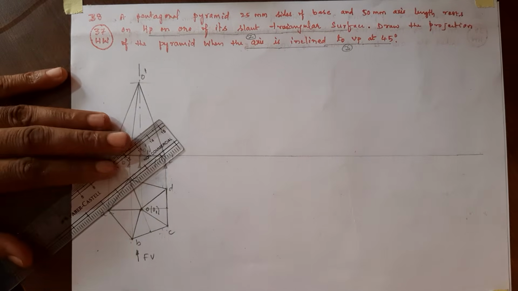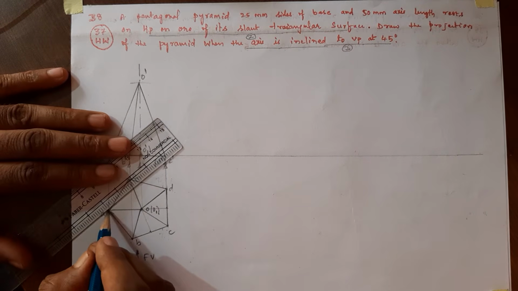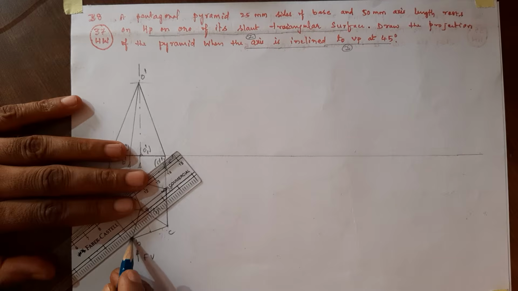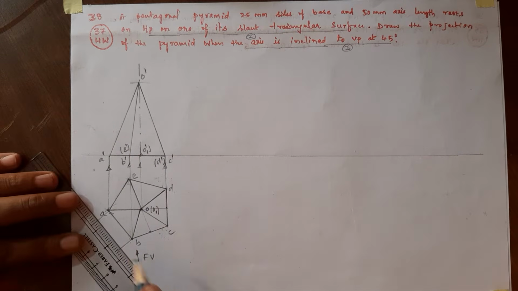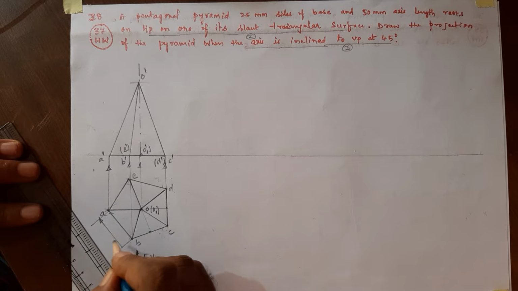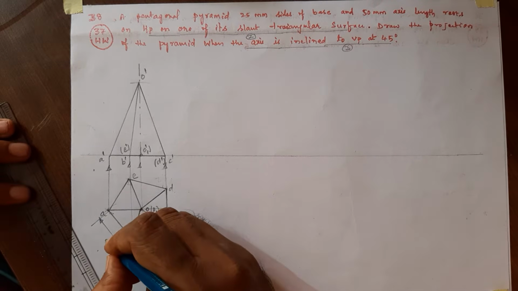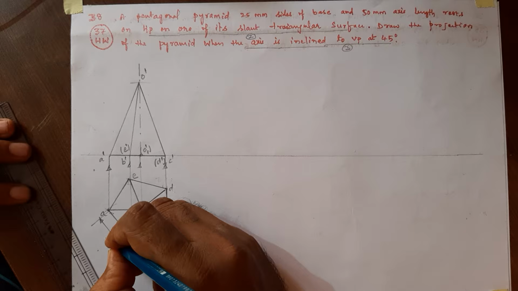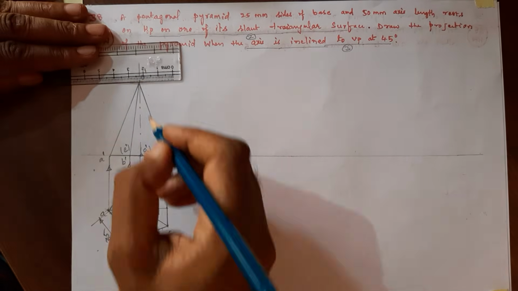Now mention the dimension of one side of the pyramid. Now see, this is 25 mm, and axis length also you have to show.